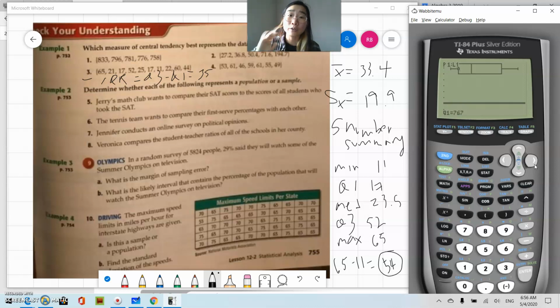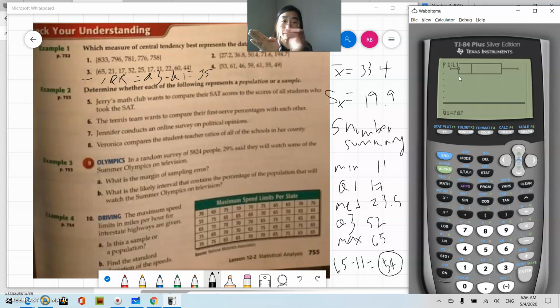So quartile 1, how you find it by hand, is you find the median of the minimum point and the median. So quartile 1 is the median of the minimum and the median. Quartile 3 is the median of the median and the maximum. That makes sense. So the box itself is the IQR. If you take Q3, which is right here, minus Q1, that gives you a range, the interquartile range.